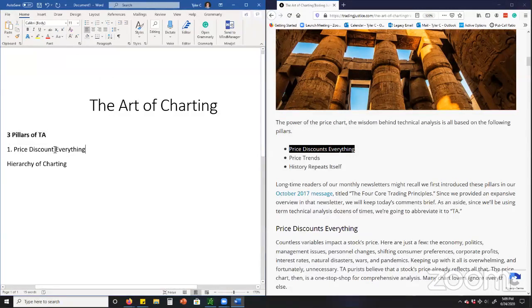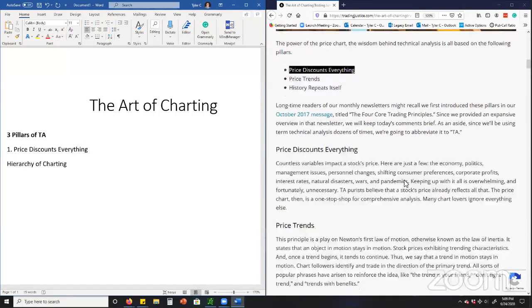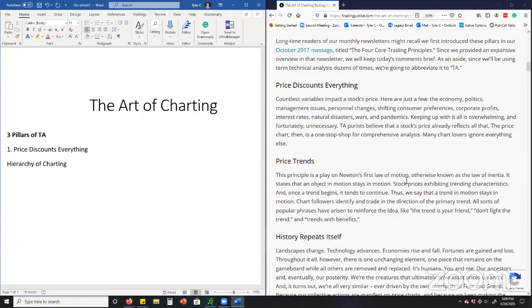So price discounts everything. When you look at a stock chart, if you're a pure technician, you don't really believe that you have to look at news. You don't believe that you have to look at the balance sheet of a company. You don't have to be an expert in the business of whatever that company is doing, right?